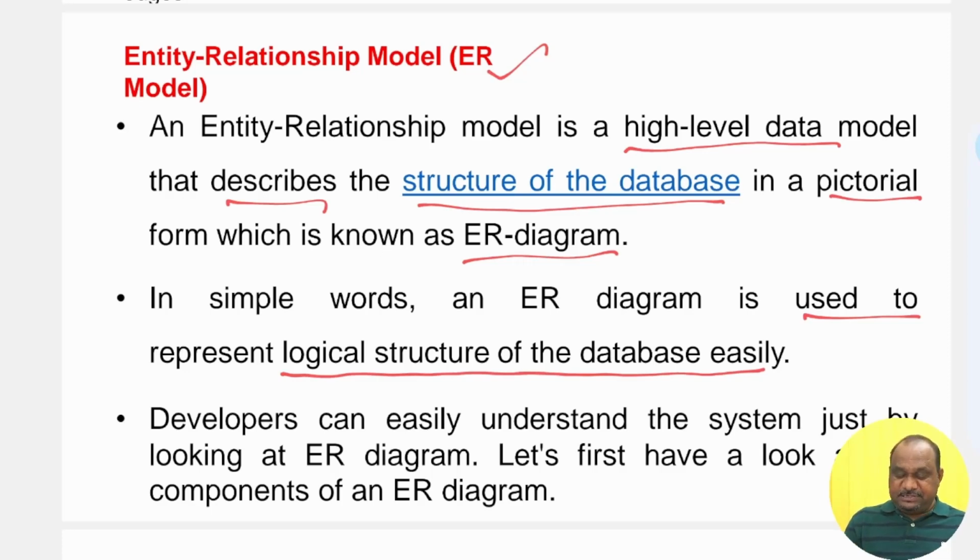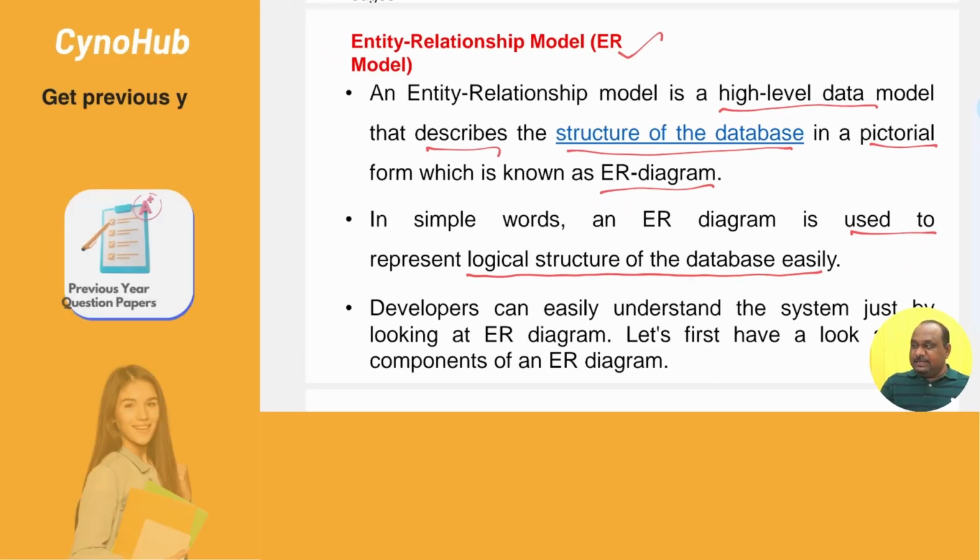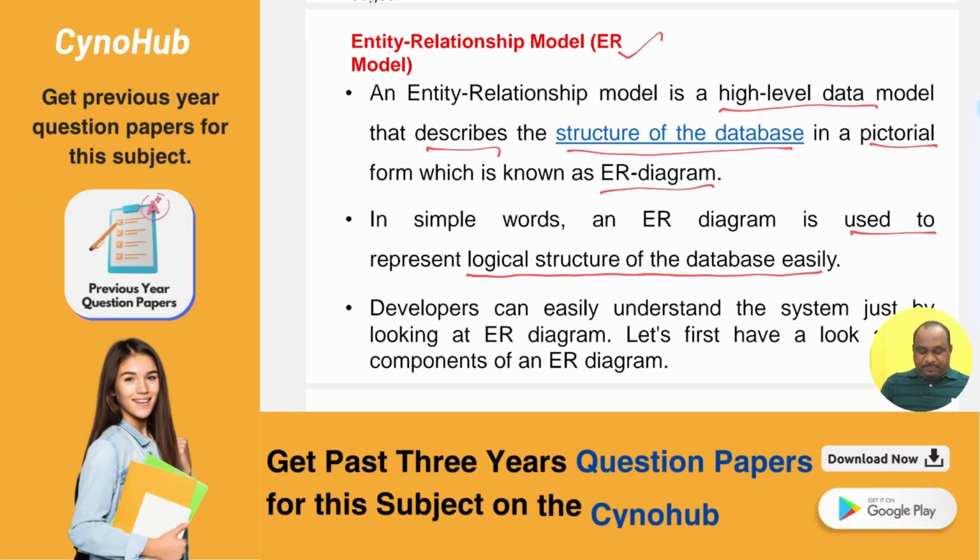We also discussed in the previous classes what elements are required to represent an ER model. You can see the video. Basically, an ER diagram is used to represent the logical structure of the database easily. So what is the use of representing an ER diagram in DBMS?